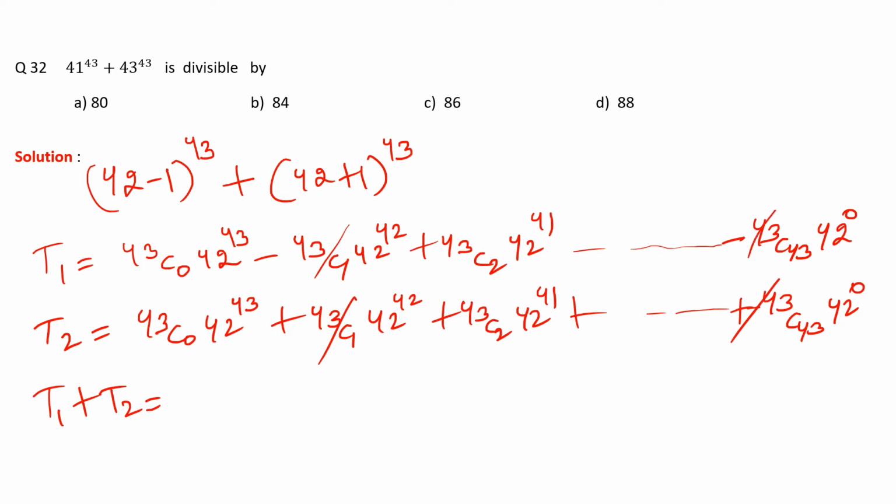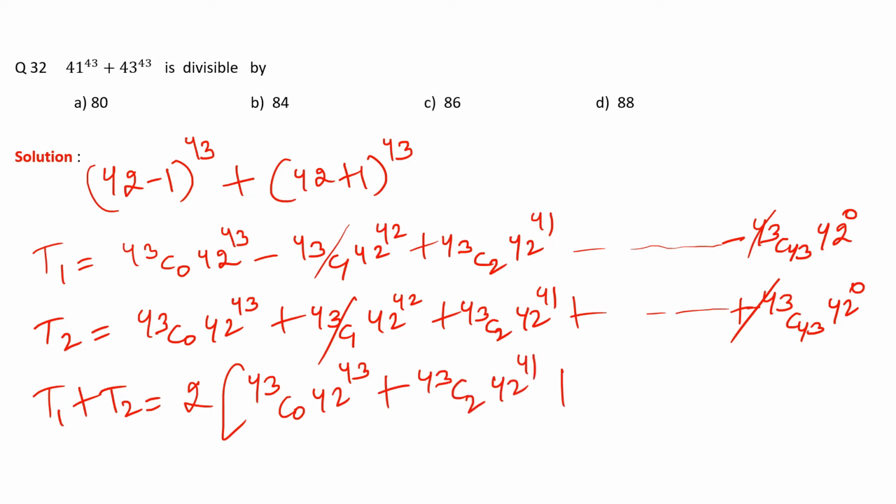Right? So finally, what do we get? We get 2 times 43C0 into 42 to the power 43 plus 43C2 into 42 to the power 41 and so on till 43C42 into 42 to the power 1.